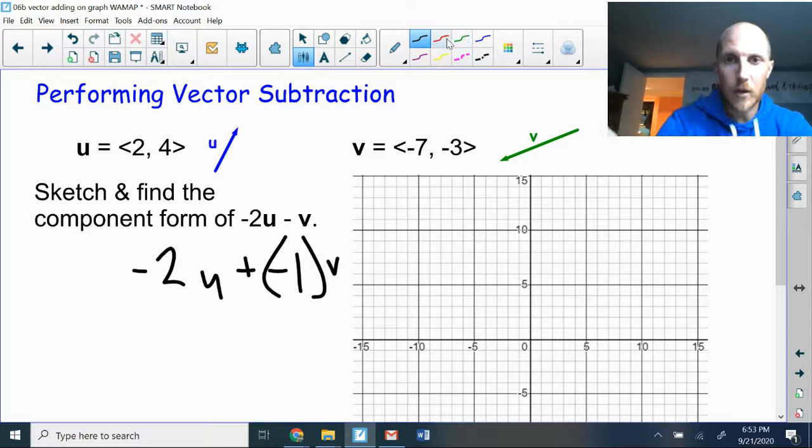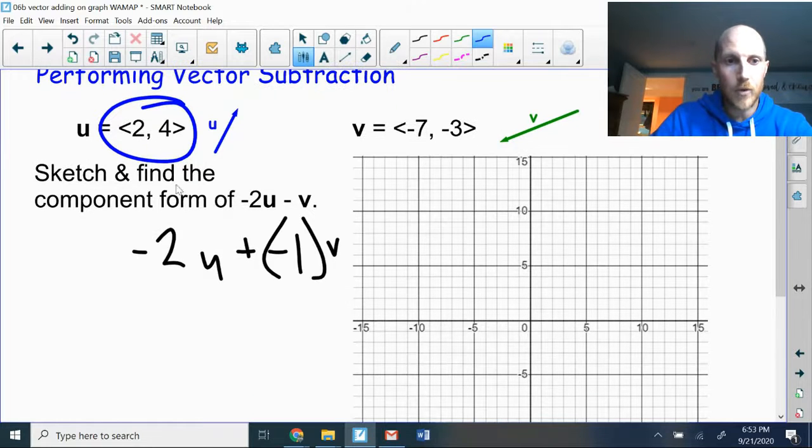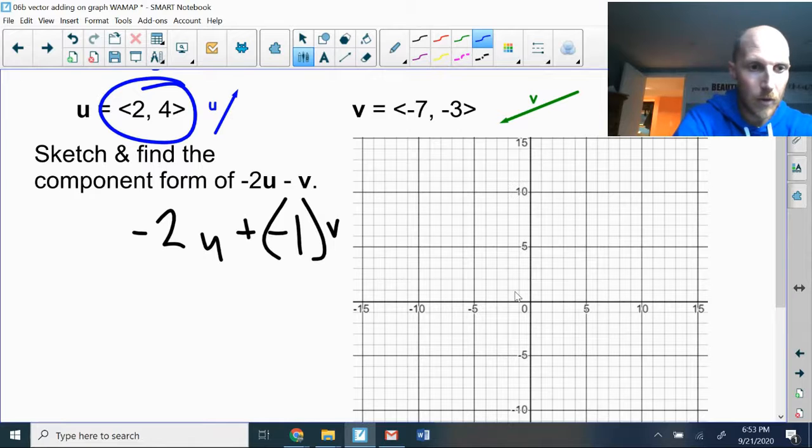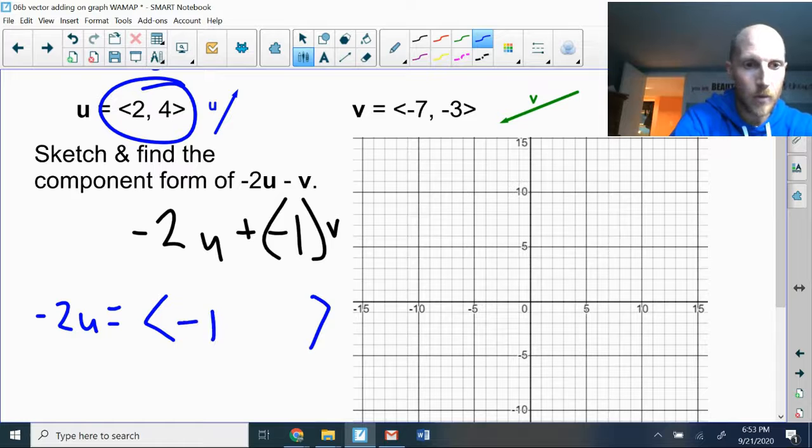So let's take the negative 2u part first. This is going to be in blue, so I'm going to multiply both components by negative 2. So negative 2u, the vector, is going to be negative 4 and negative 8.